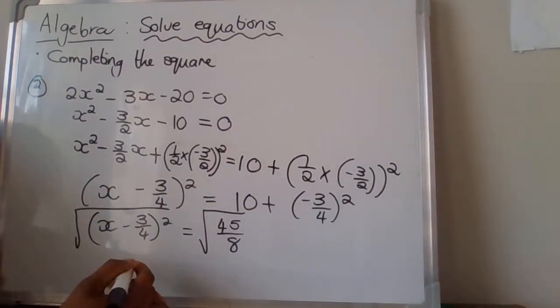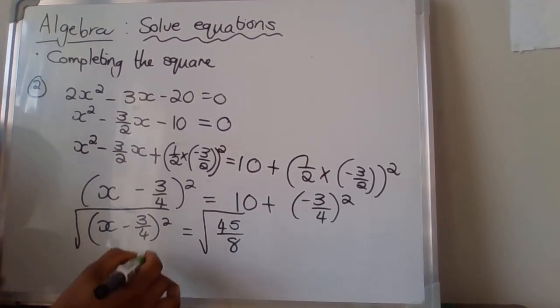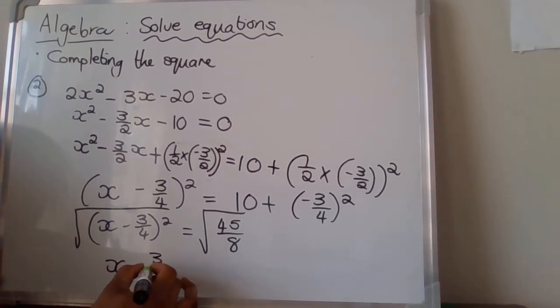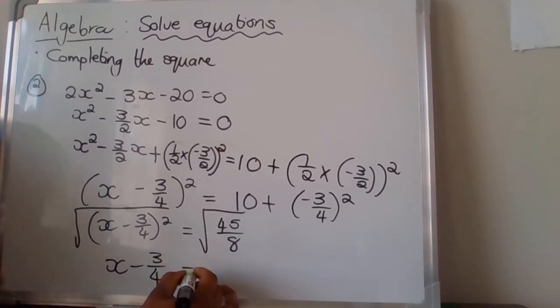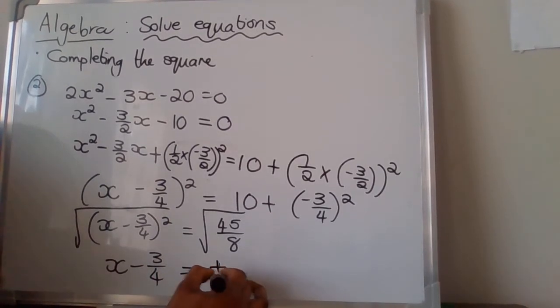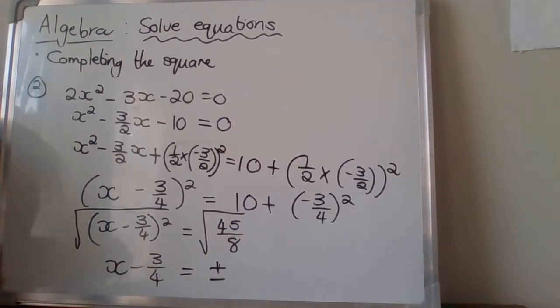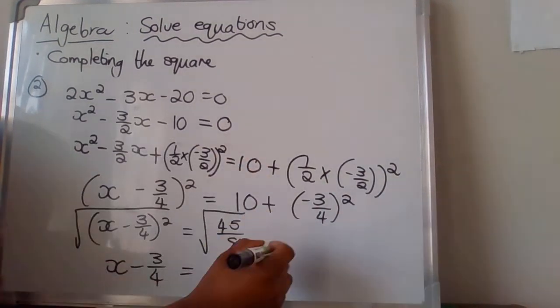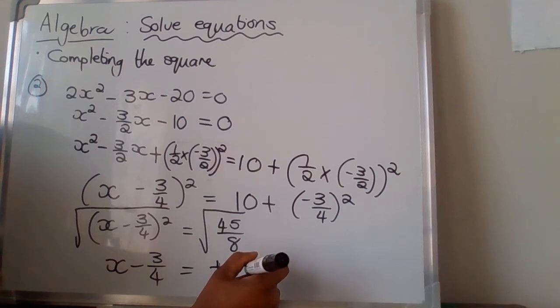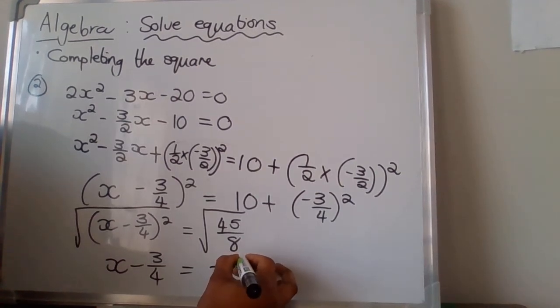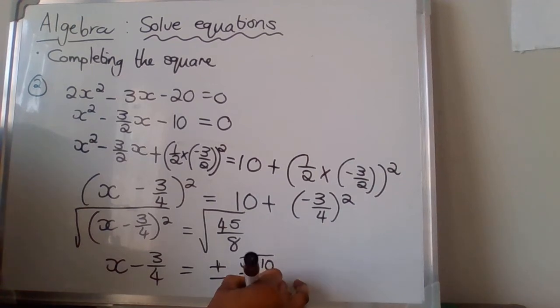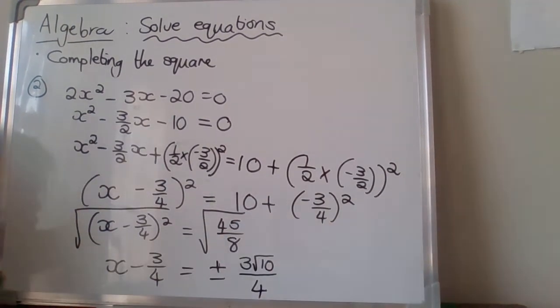When I square root both sides, I have x minus 3 over 4 is equal to plus or minus. Okay, so let's do the square root. Okay, so my calculator tells me that it's 3 times root 10 all over 4.